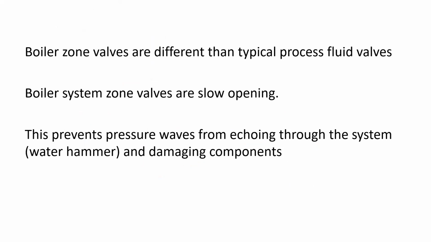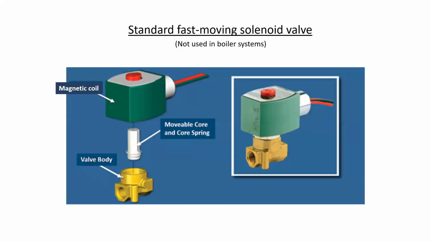This prevents pressure waves from echoing through the boiler system, or water hammer, and damaging components. A standard fast-moving solenoid valve, like seen in industrial applications, is not used in a boiler system.